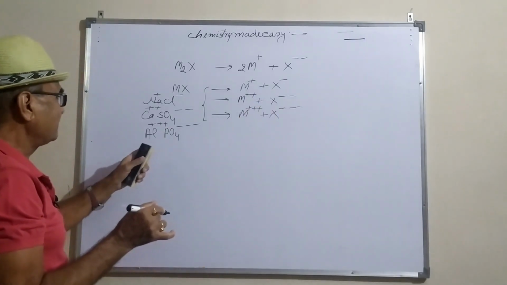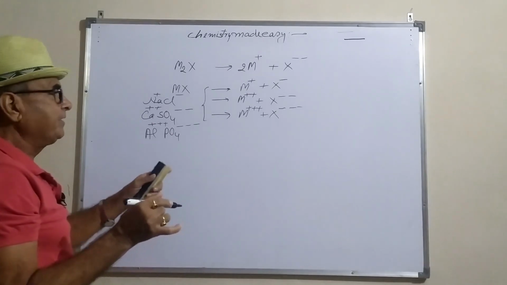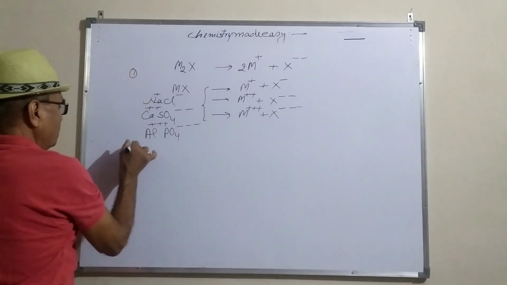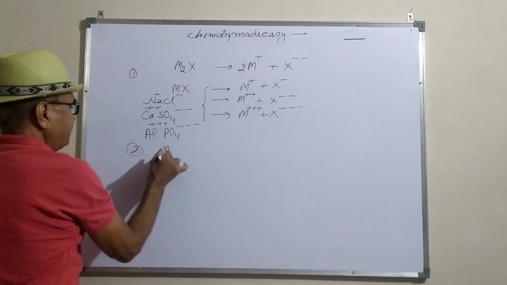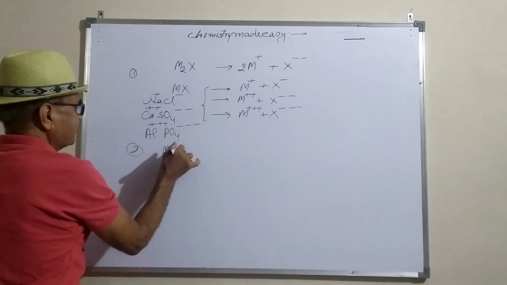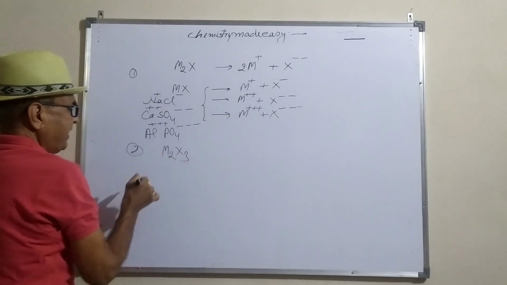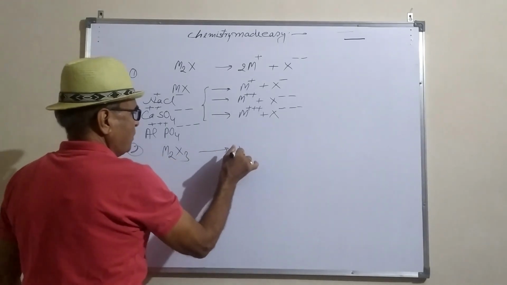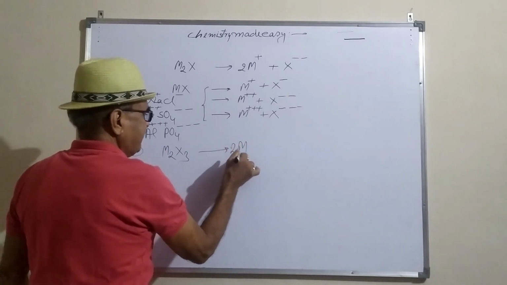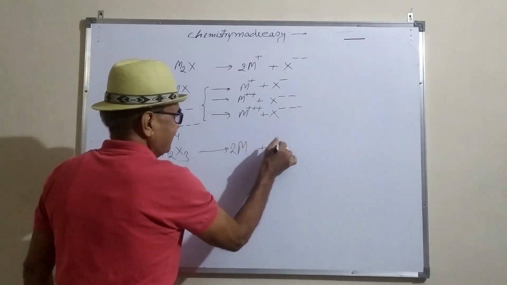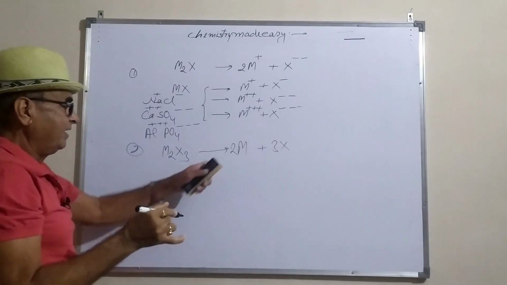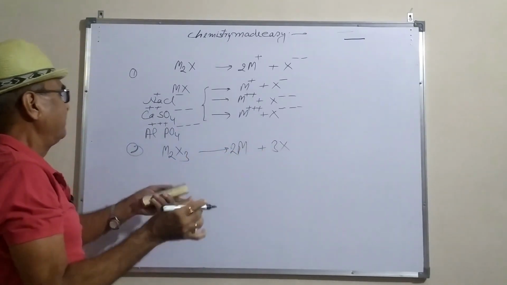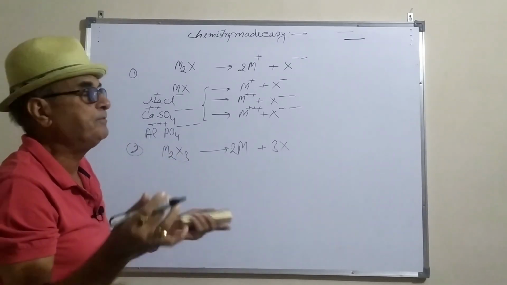Again, I'm giving the second question. Suppose M2X3. M2X3 is formed by the two ions, 2M plus 3X. Still, they are not ions, they are atoms of the particular element.